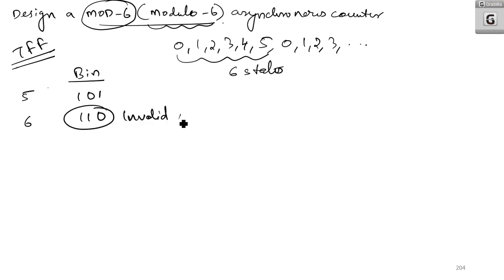That means at 6, it should reset. So that is the basic concept behind a modulus 6 counter. Again, to represent these 6 states, you need 3 bits, because 5 is a 3-bit number. Therefore, 3 flip-flops are required.